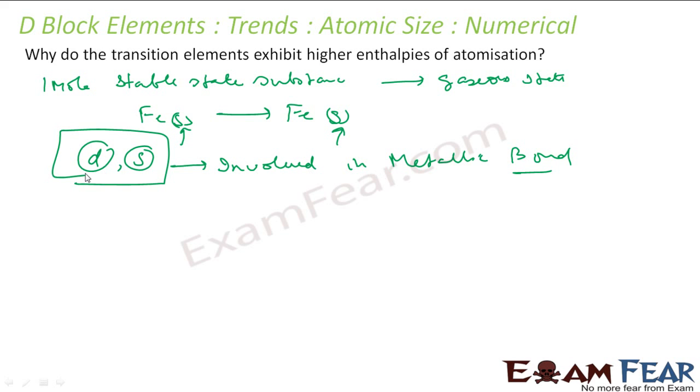Now, we have 10 from d and 2 from s, maximum 12, but that's not the case. Maximum you can have 5 here and 1 here, 6 electrons, again a huge number involved in the metallic bond. Why did I take 6? Because unpaired electrons are typically involved in the metallic bonds. So that's why, since the metallic bond is strong because of the number of unpaired electrons, they have high interatomic interaction, and thus they have high enthalpy of atomization.